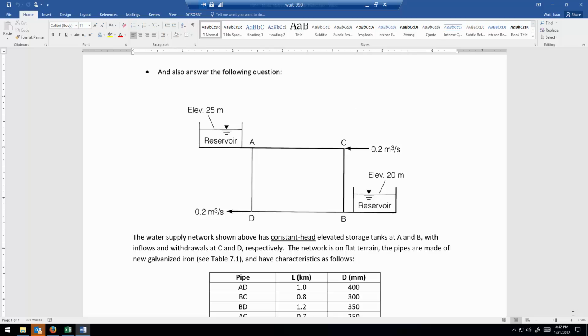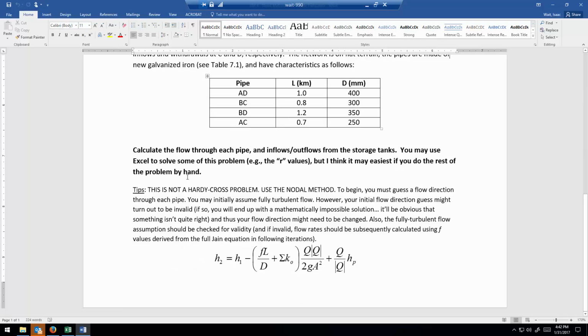What you'd need to do then is calculate how much head there is at A in terms of the losses or gains through the pipe. So there's also some tips on this handout explaining how to think about this problem.